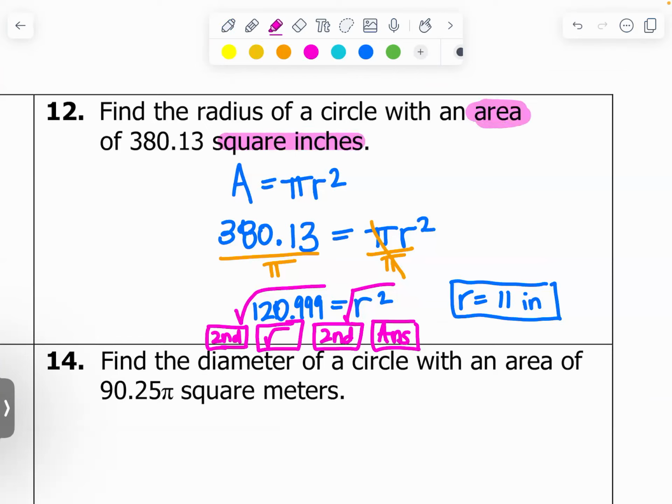So our radius is just gonna be in inches. Okay. So you need to think, like, what am I finding? If I'm finding a radius, diameter, or circumference, it's just gonna be the normal inches, feet, yards, meters, whatever. If you're finding area, you need the squared with it.